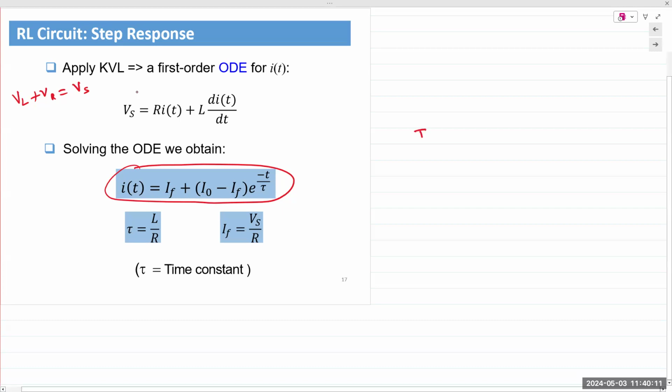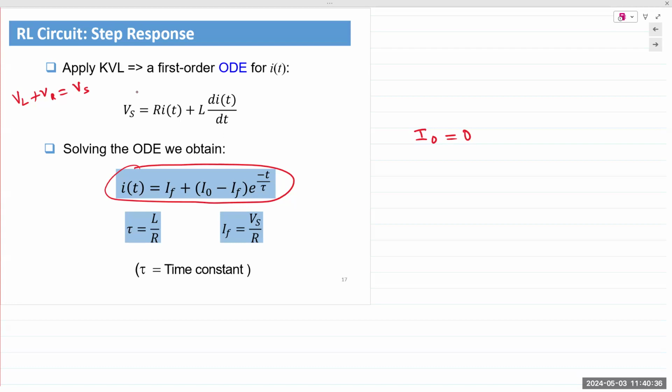If there is no charge already stored in that inductor, then I0 is equal to 0. It's fully discharged, right? Now you're applying a source, so it's starting from 0 and going to some value. So it's initial and then final. If the initial value is completely discharged, meaning it's 0, then you only have to worry about the final value.